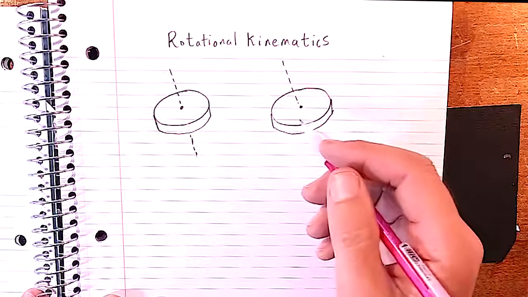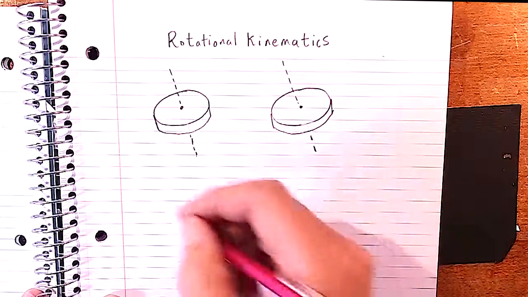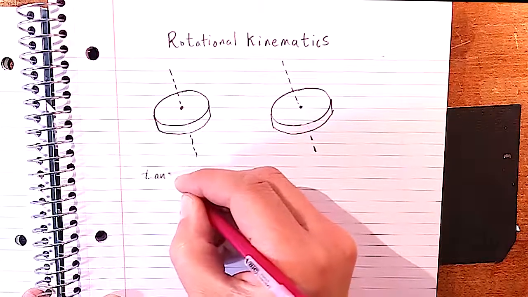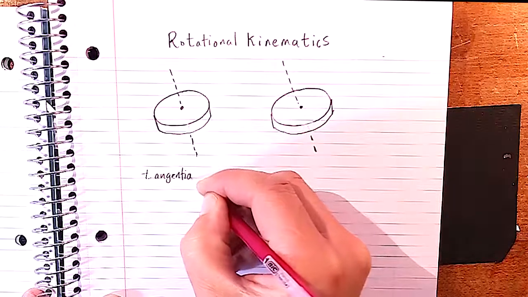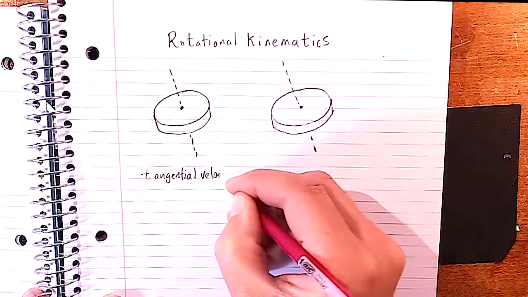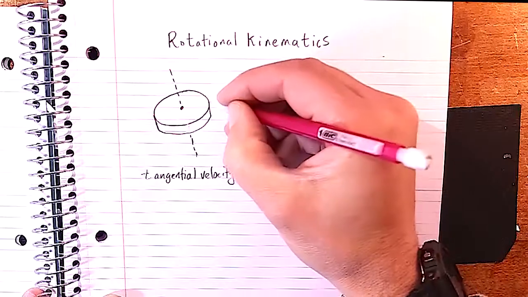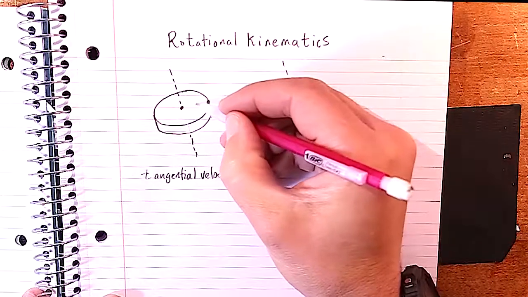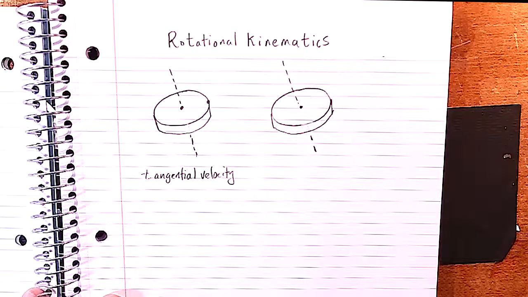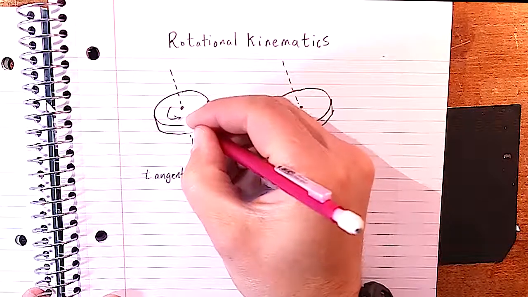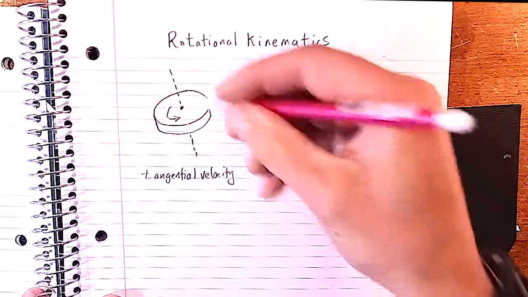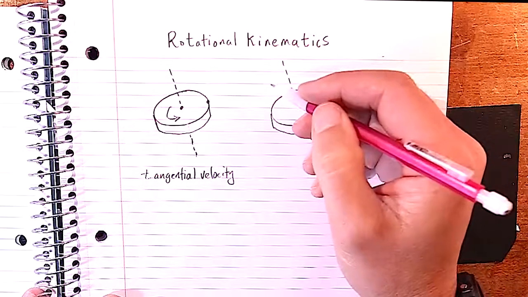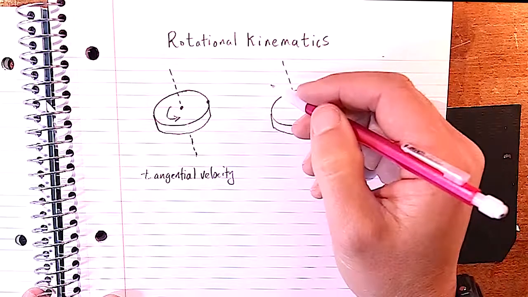So there's two different ways we can look at this rotation. We can look at the tangential velocity. And what tangential velocity is, is the velocity of a point on the rim, or it could be a point anywhere along this disk. So let's say this disk is spinning like this, and the dotted line represents its axis of rotation.